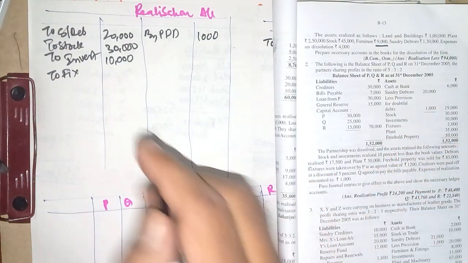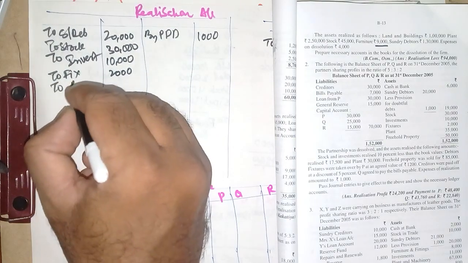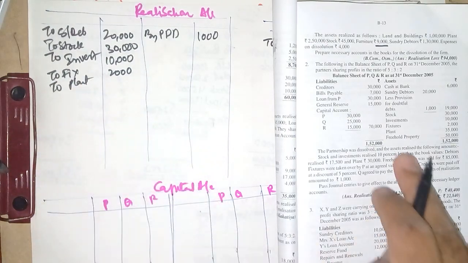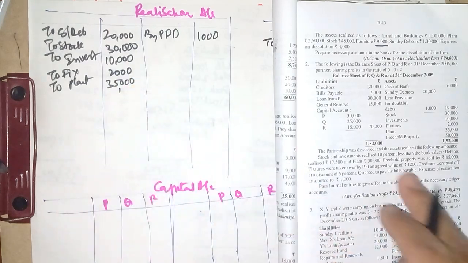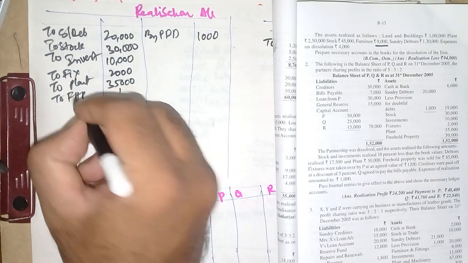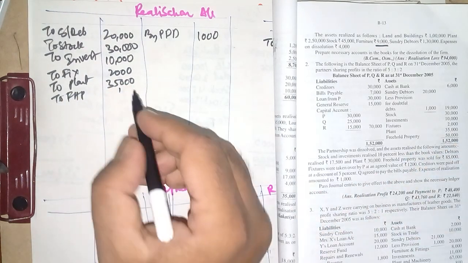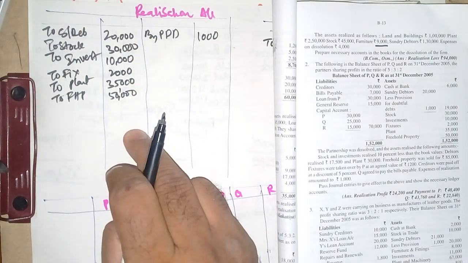Fixtures value comes to 2,000. Then I have plant. The plant value comes to 35,000. Then I have freehold property. Freehold property, I have written abbreviation, 50,000. So we have transferred all these assets to realization.